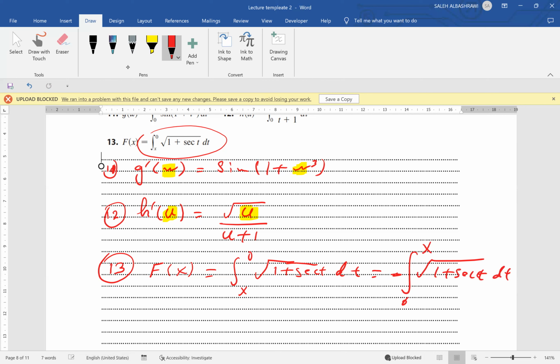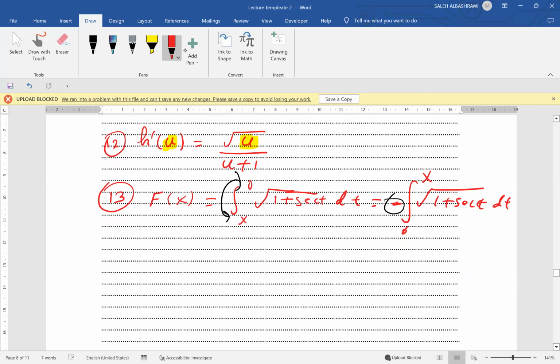So if we swap the limits, then we have to multiply by negative. So use this to find the derivative of the given function. F prime in this case will be equal to negative square root of 1 plus secant of x.